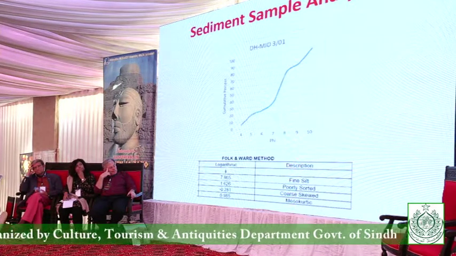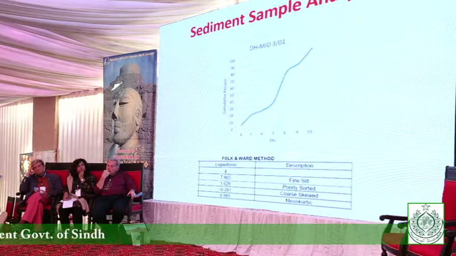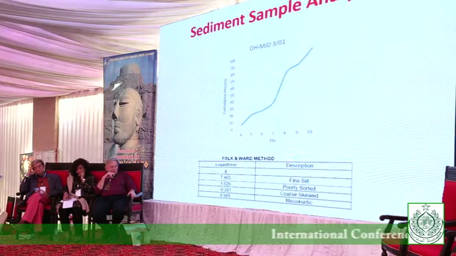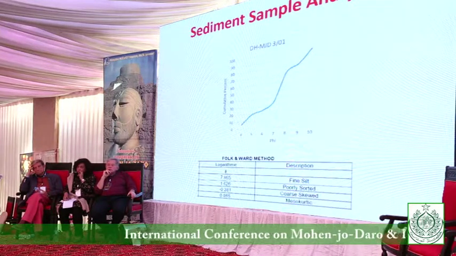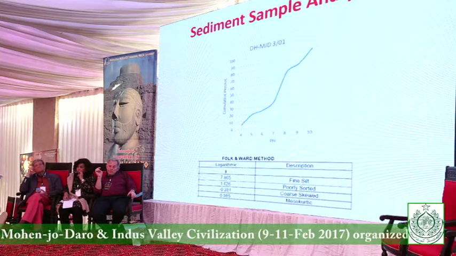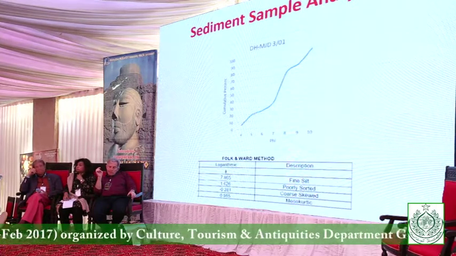Whereas this curve, a cumulative curve, shows the behavior of the sediment population, and it can tell us even more about the sediment, whether it was naturally deposited due to flow of variable strength, or it could just be from a dump.